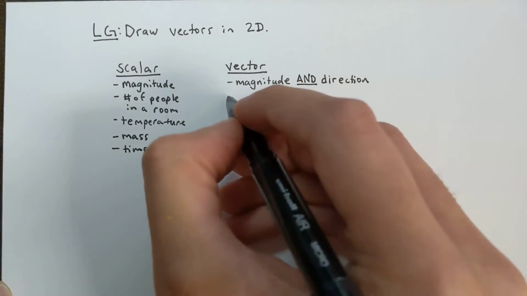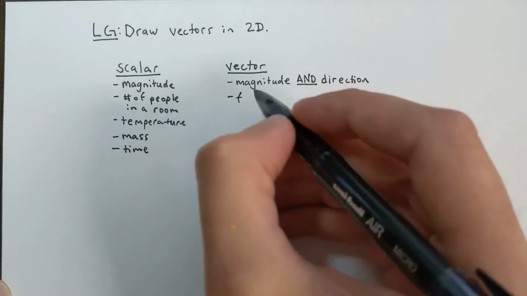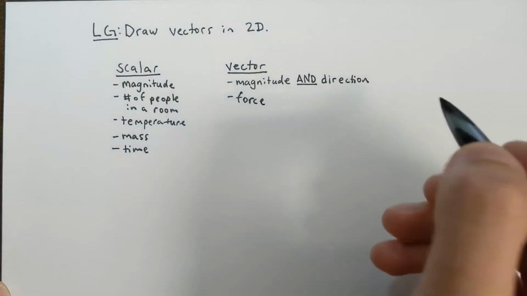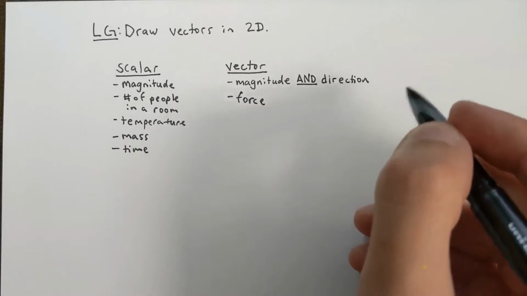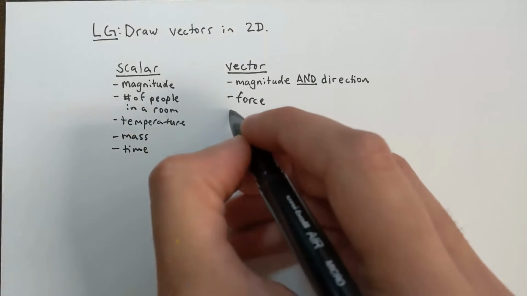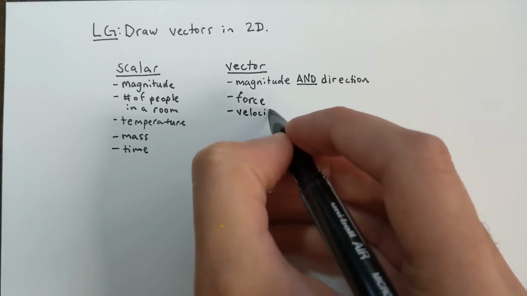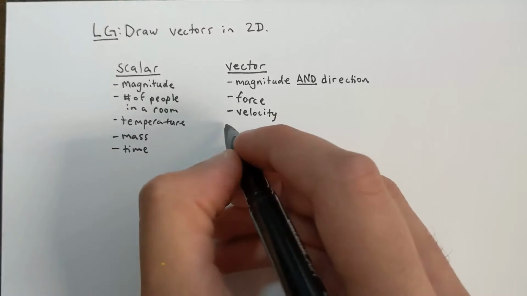Vectors have a direction associated with them. So for example, forces, we haven't talked about forces yet, but a force is essentially a push or a pull. And forces, if you think about it, you push or you pull with a certain strength, but you also push and pull in a particular direction. Velocities are vectors, so how fast an object is moving and in which direction the object is moving.